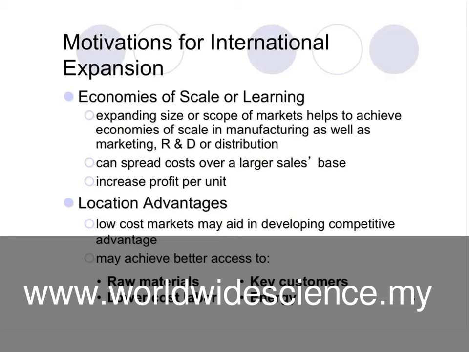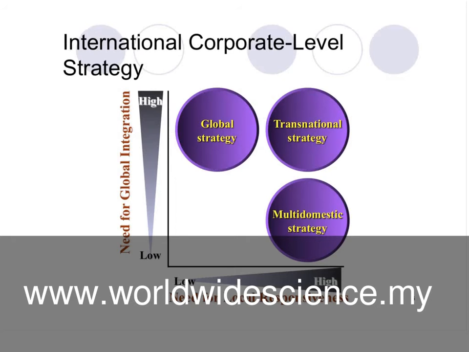Okay. So here we are just visualizing what we discussed. International corporate level strategy. We talked about these three types of strategies, so we want to make sure that we understand. So, the need for global integration and the need for local responsiveness. We did talk about globalization and localization in previous sessions. Globalization is when you go global, right?